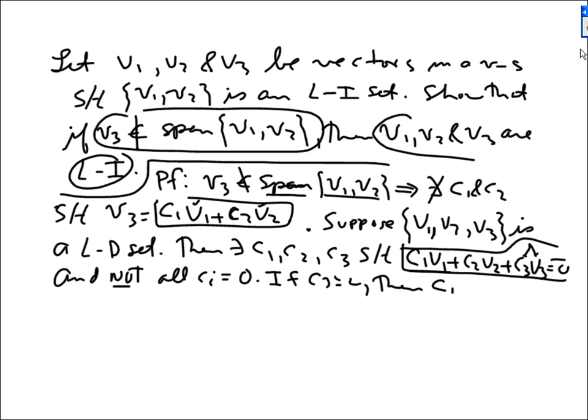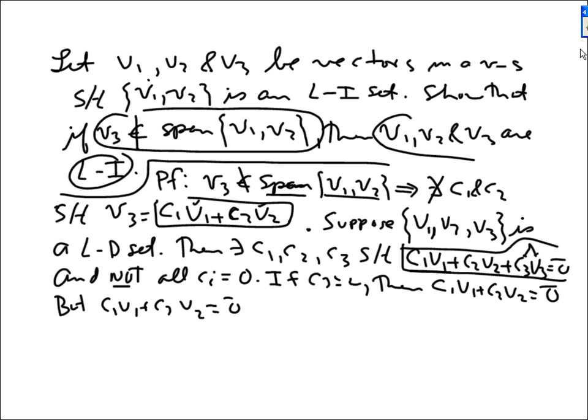We just get C1 V1 plus C2 V2 is equal to the 0 vector. But we can make a comment on this one, because V1 and V2 are linearly independent. They said that.